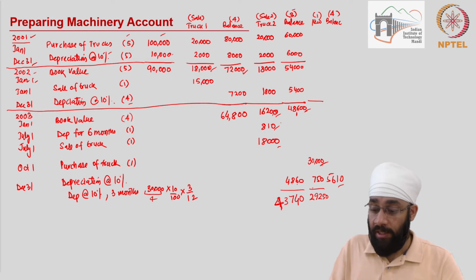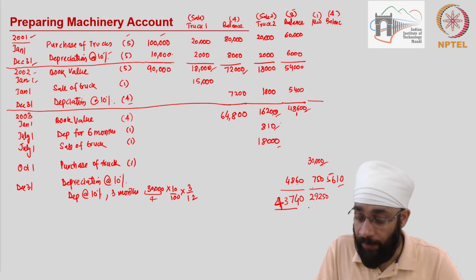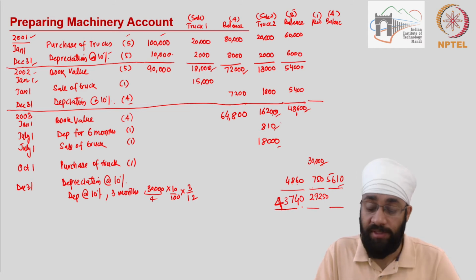So these are the closing balances of the three trucks and the new truck, and you can add these two and get the value of all the 4 trucks as well.